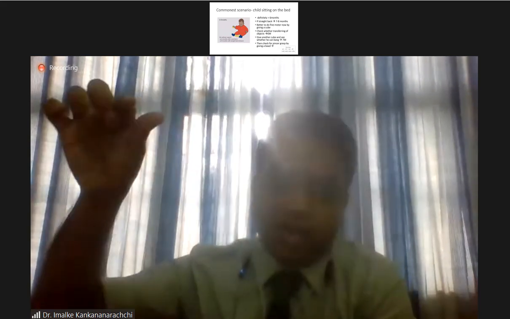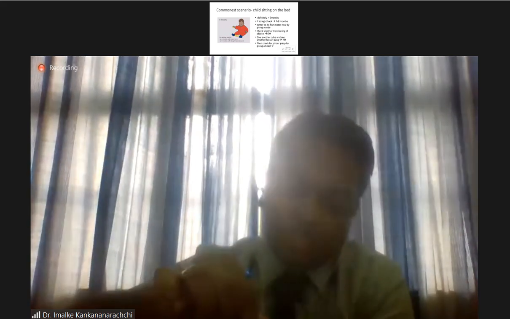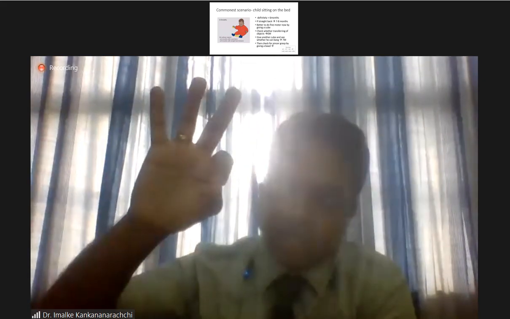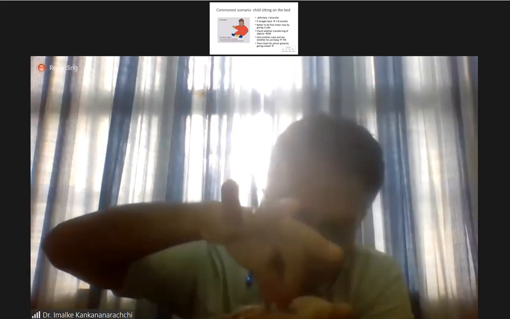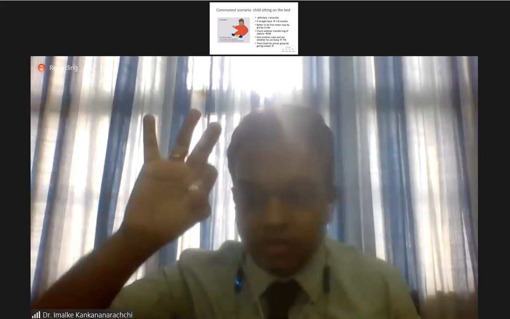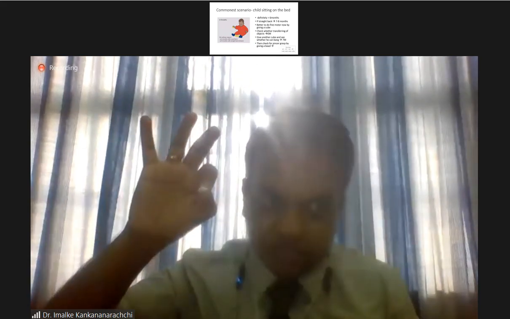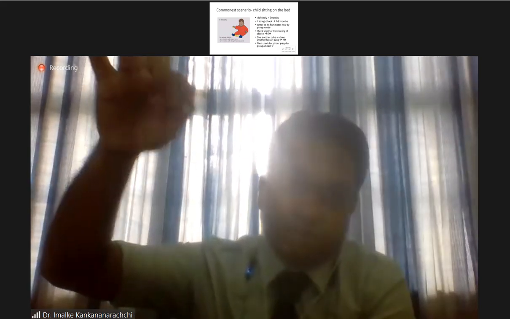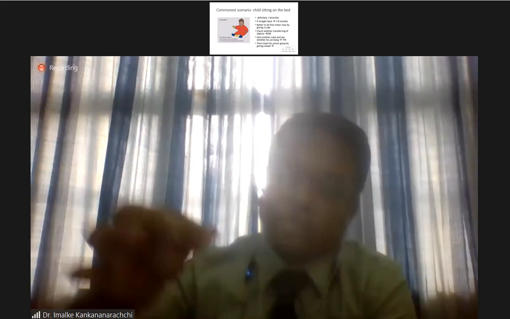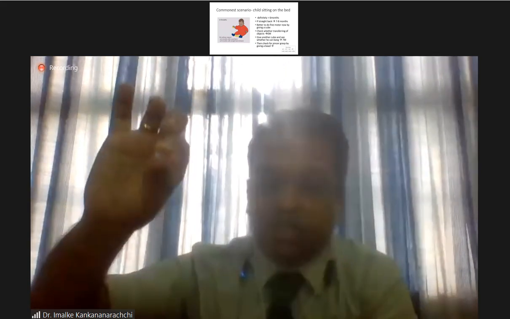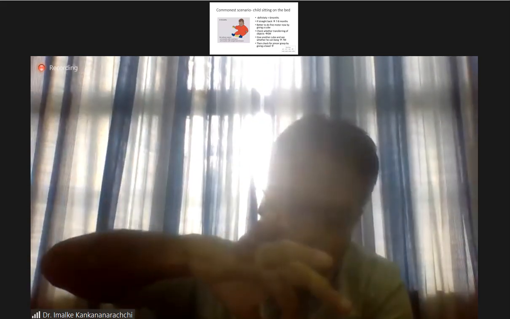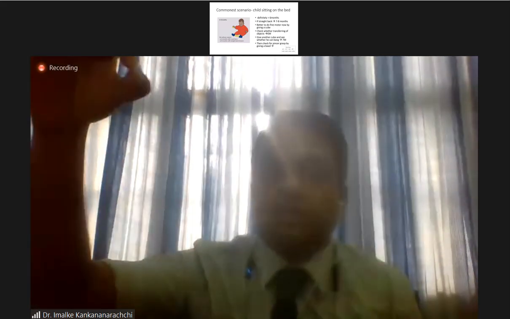And around 8 months they try to take it like this. So the very mature pincer grasp is like this, right? This is beyond 8 months, right? If with great difficulty they are taking, probably around 7-8 months. If somewhat mature, it's around 9 months, but full mature pincer grasp is around 10 months.